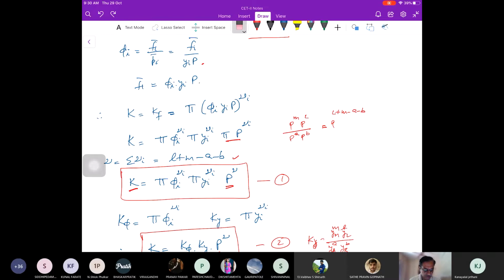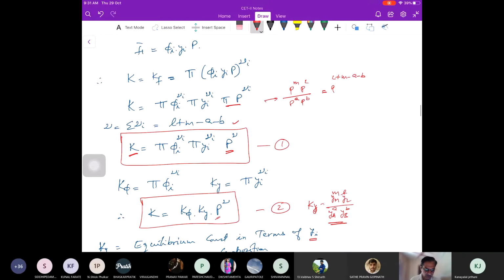Right? And we defined nu as the summation of nu i, which is nothing but l plus m minus a minus b. If you look at the product of P raised to the power of nu i, this is P raised to the power of m, the product coefficient, for total pressure, and P raised to the power of l upon P raised to the power of a and P raised to the power of b, which is nothing but P raised to the power of l plus m minus a minus b, which is nothing but nu.